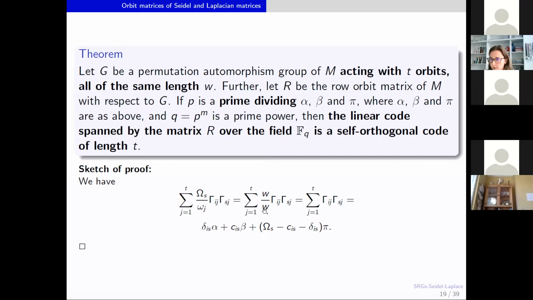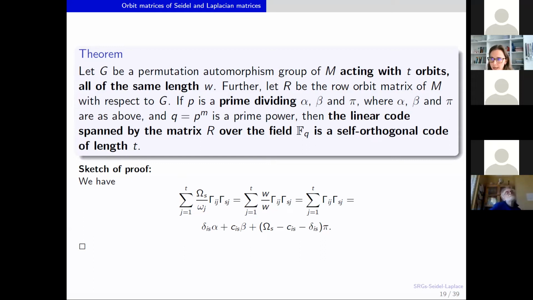All the orbits have the same length, and you know the scalar product of your rows of orbit matrices, and if P is a prime dividing alpha, beta, and pi, you will obtain a self-orthogonal code.